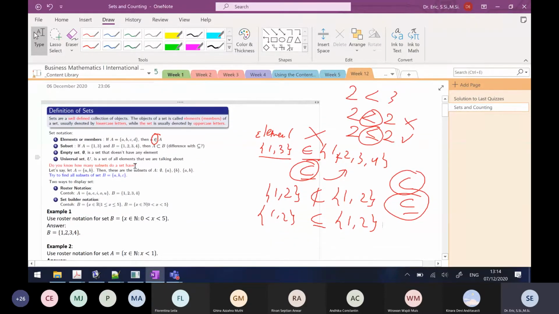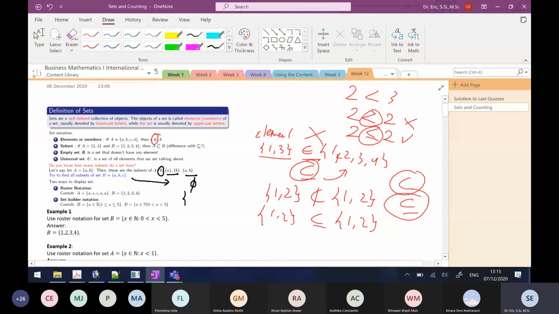Do you know how many subsets a set has? Let's say A is {a, b, c}, then the subsets are: the empty set is always a subset of any set. One set that has 0 elements.